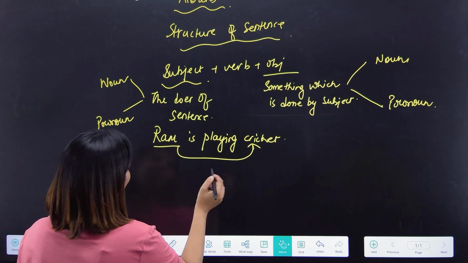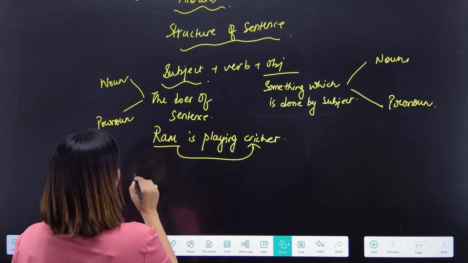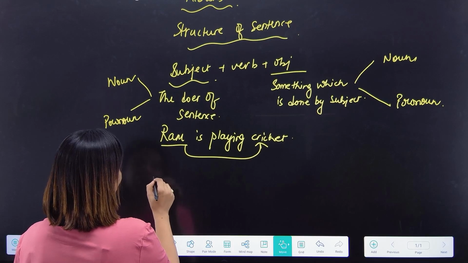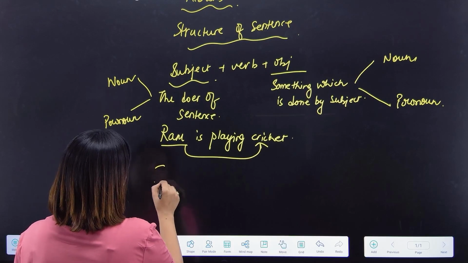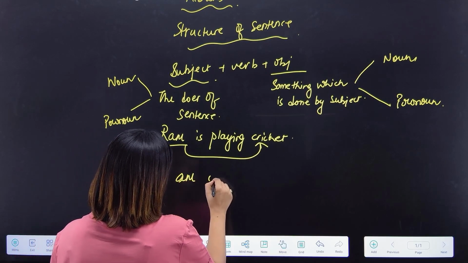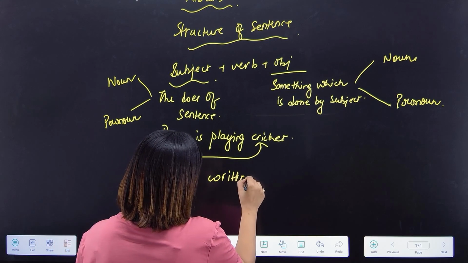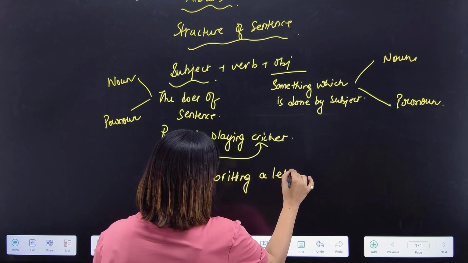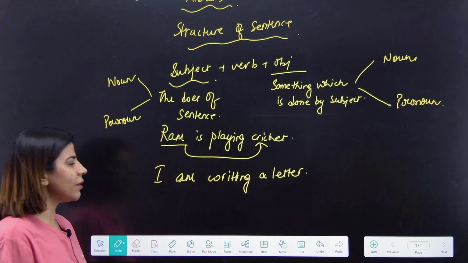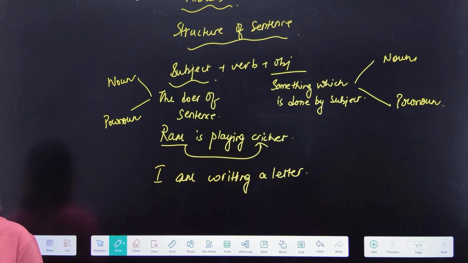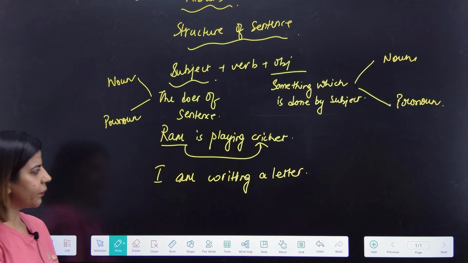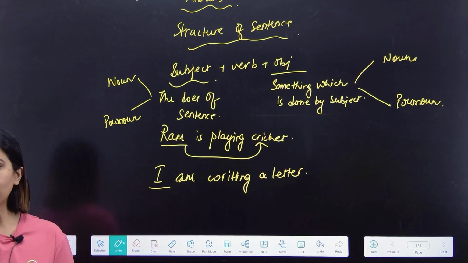So in Ram is playing cricket, Ram tha aapka subject jo ki tha noun, but if I am saying I am writing a letter, what is the subject in this sentence? I. But is it a noun?